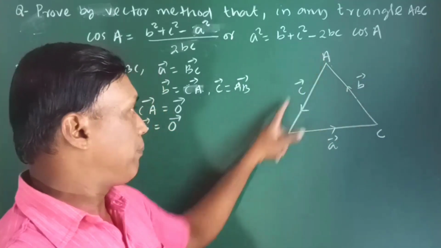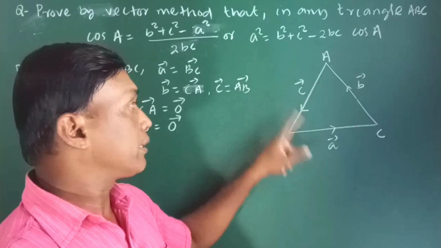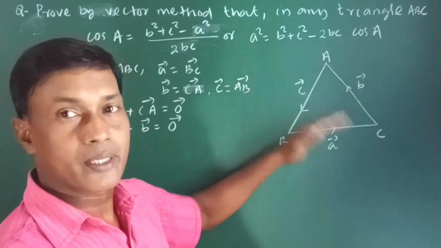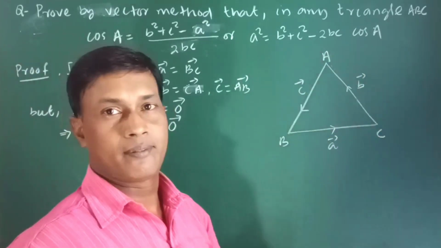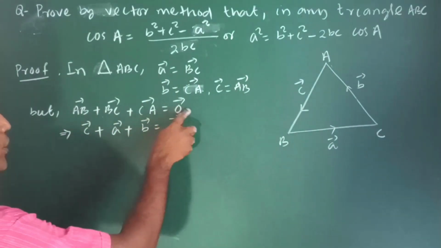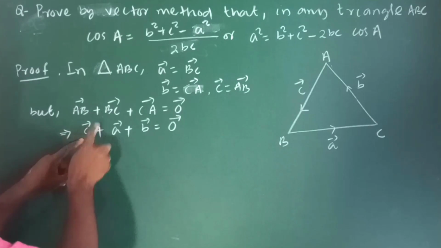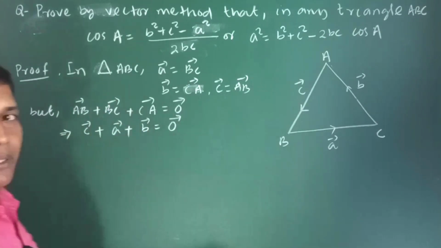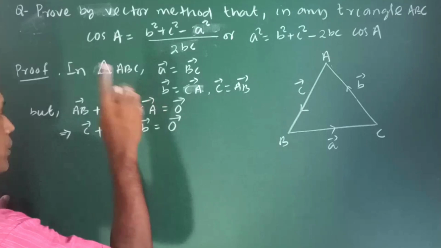So the sum of these three vectors AB, BC, CA is 0. That means AB vector plus BC vector plus CA vector is the 0 vector. AB is c vector, BC is a vector, CA is b vector. So c plus a plus b is equal to 0.